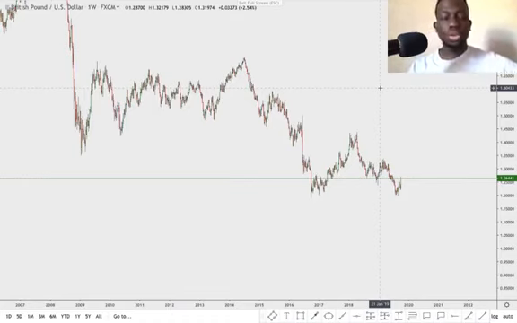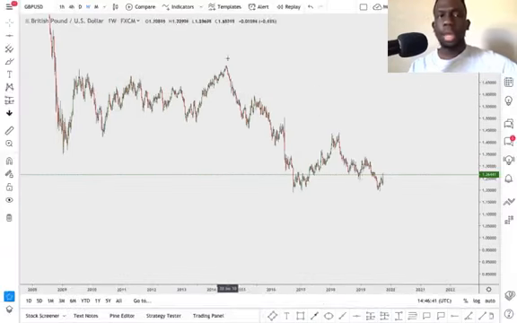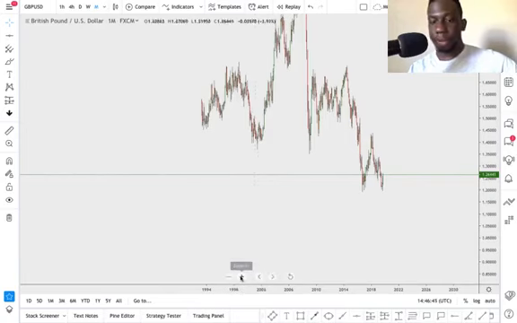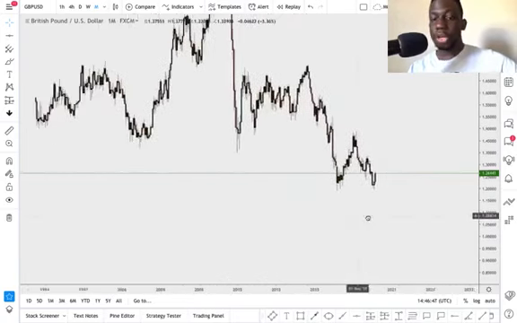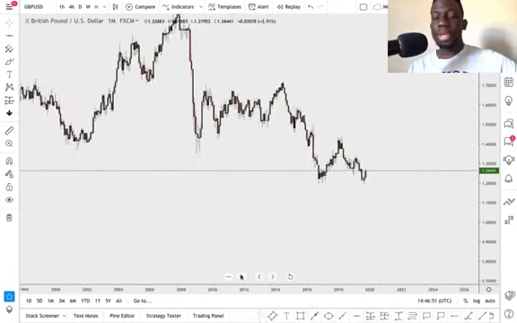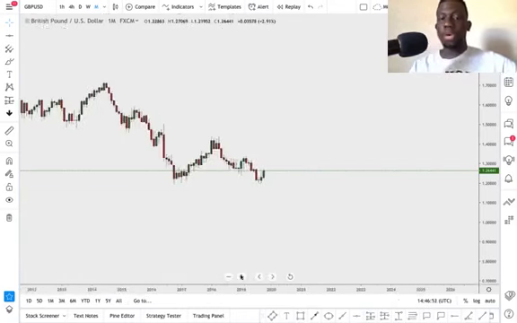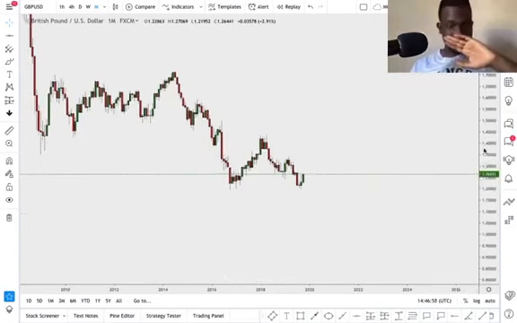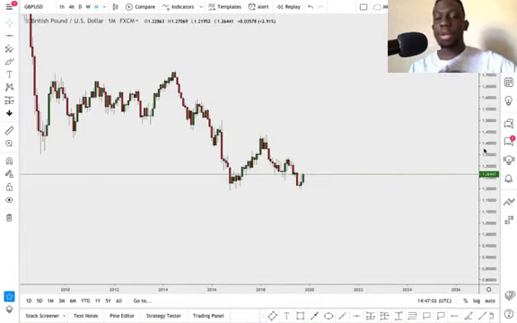So the first thing we're going to do is start looking at this market from the highest time frame, which is the monthly time frame, right? And I'll be explaining to you guys what I do on each and every one of these time frames. And on the monthly time frame, and you might want to write this down now, what I like to do personally is come on the monthly time frame to analyze candlestick patterns.